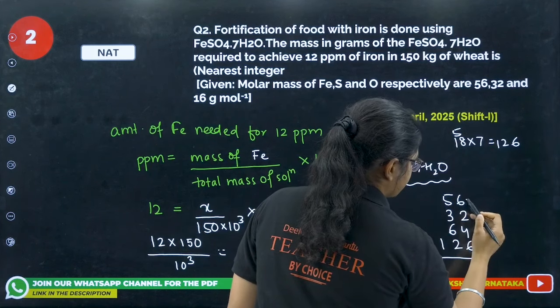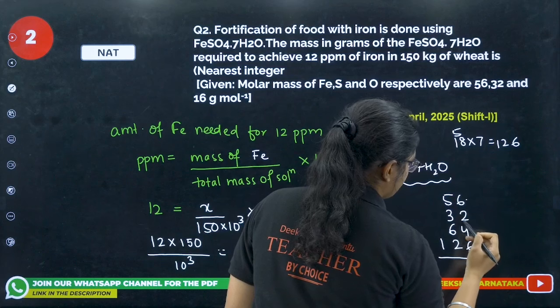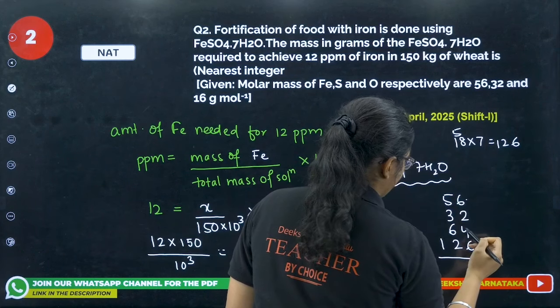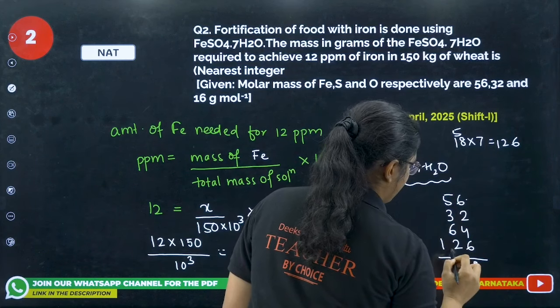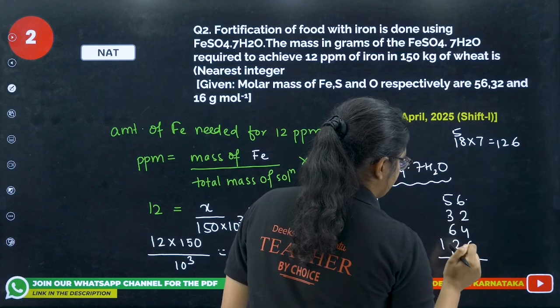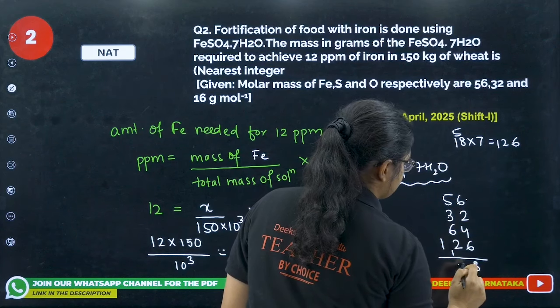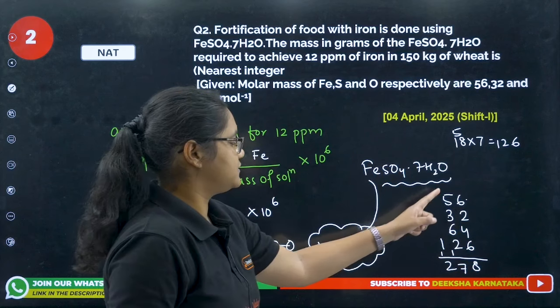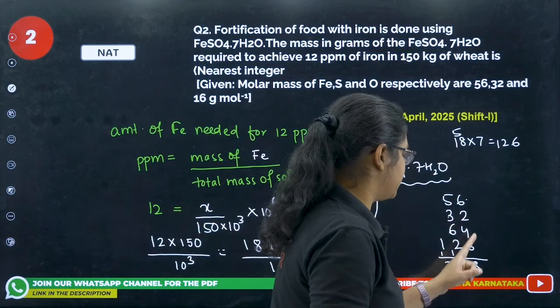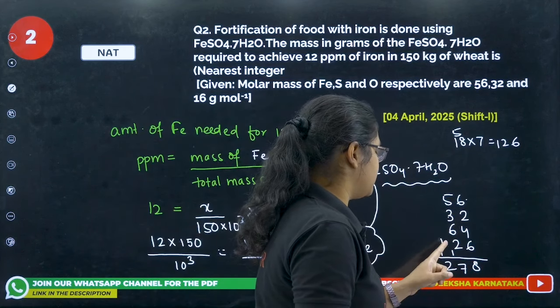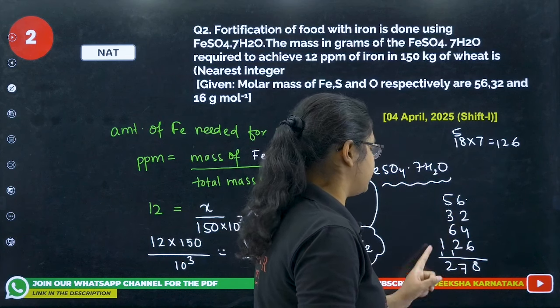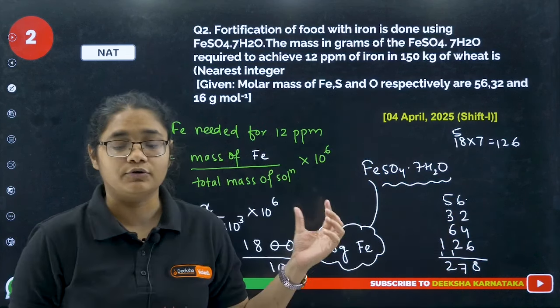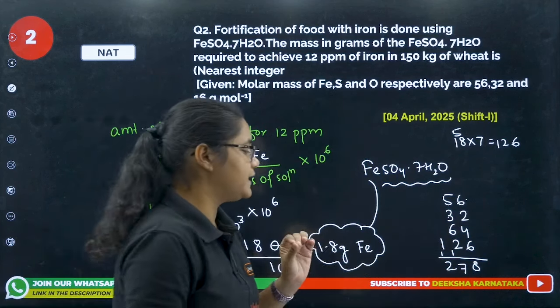Adding these up, the total mass of FeSO4.7H2O is 278.